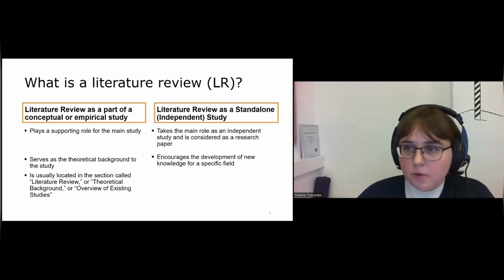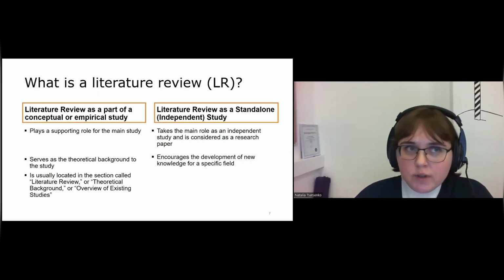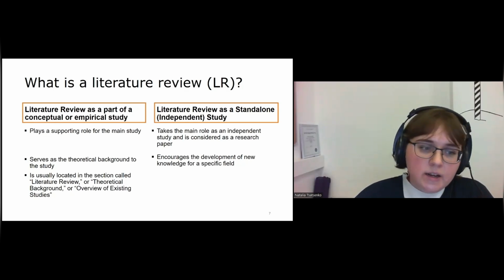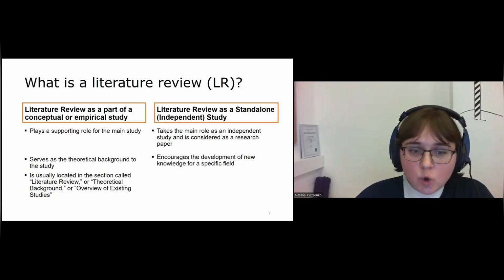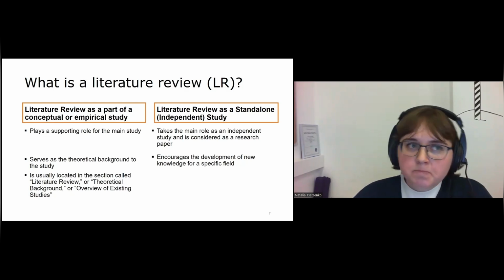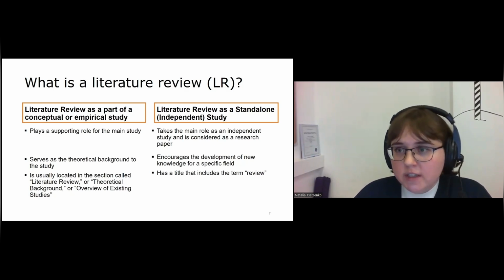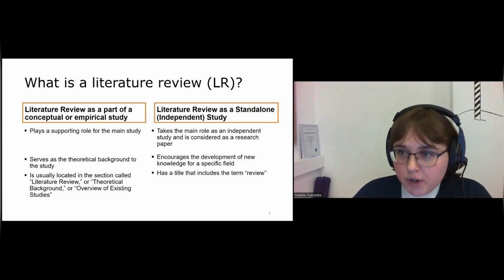And the third, but not least, as on my slide right now: a literature review as a part of a study is usually called the literature review, theoretical background or overview of existing studies. If we think about a review article as an independent study, usually, and definitely in 95% of cases, in the title you will see the term review.